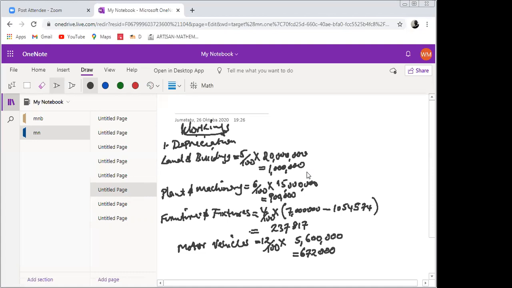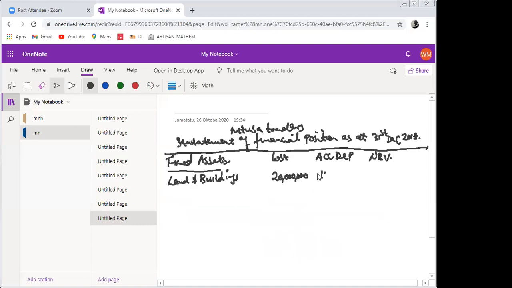If the depreciation is on cost, it simply means that each and every year the depreciation is 1 million. Therefore, the accumulated depreciation is the depreciation from when these assets were acquired up to date. Since the business has been there for 5 years, the total depreciation would be 1 million for each year times 5 years. So the accumulated depreciation here should be 5 million, not 1 million. I think that is the point we could have forgotten.